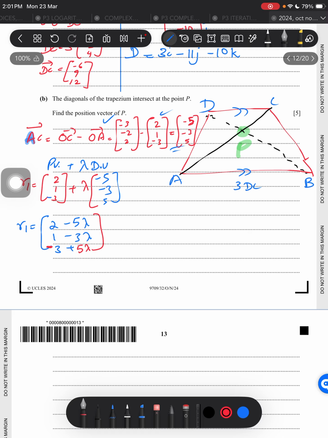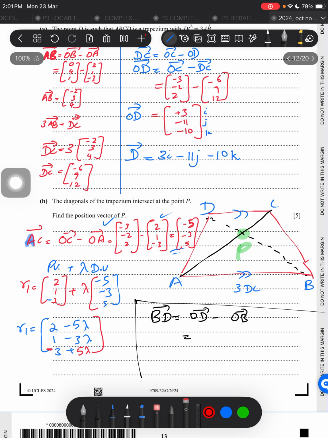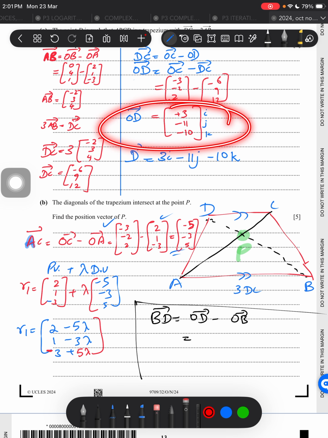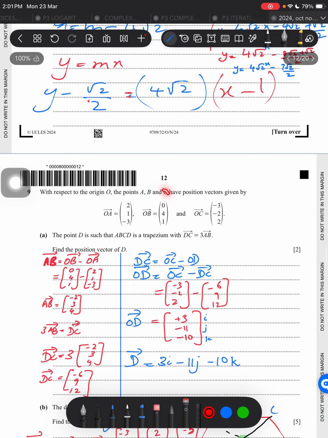So for equation 2, that is starting from B to D. Again, with the same steps, we would have BD as OD minus OB. We have just found the result of OD from the first part, that was this. We'll just plug in this value over here, and the OB was mentioned in the question.